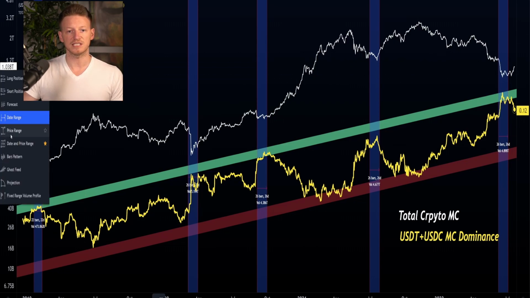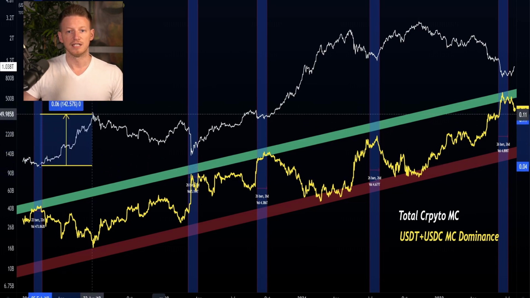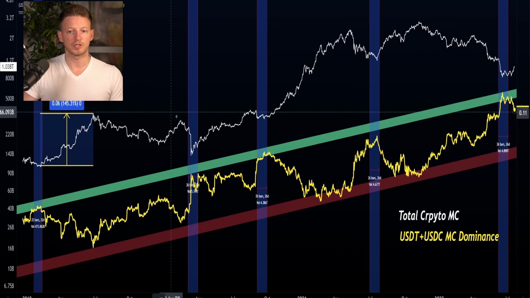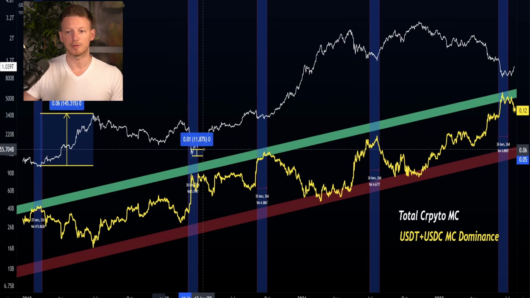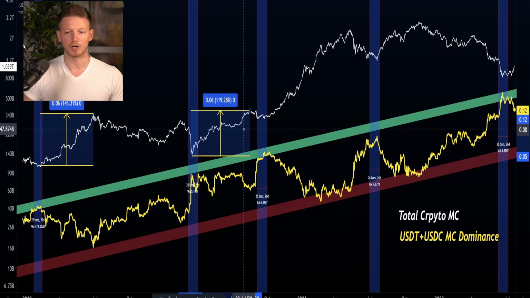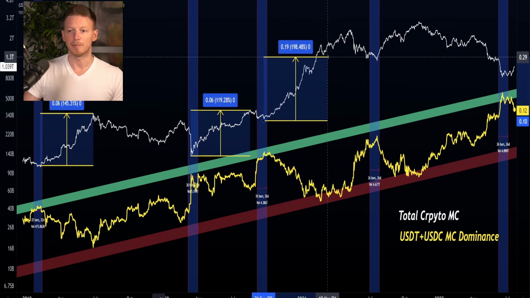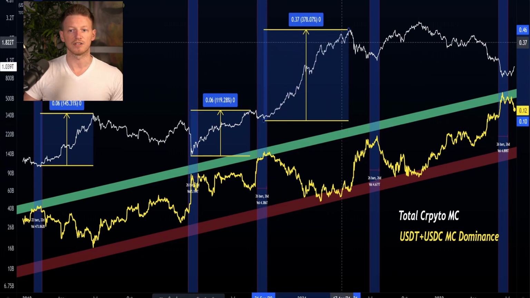If we take a sample of the price moves we've seen in the past when we've come up to this level, the total crypto market went up around 145% at that point. Obviously, right here, we had this bull market in 2020 leading into 2021, so this was almost two events. The first move was around 120%.